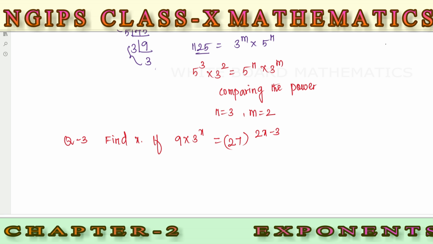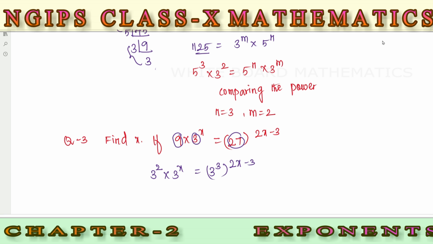So in this question, if you see 9, 3, 27, all of these are multiples of 3. So I am going to convert the bases all in terms of 3. So 9 I can write as 3 square, it is 9 into 3 power x is equal to 27, I can write it as 3 cube, and here we have 2x minus 3.